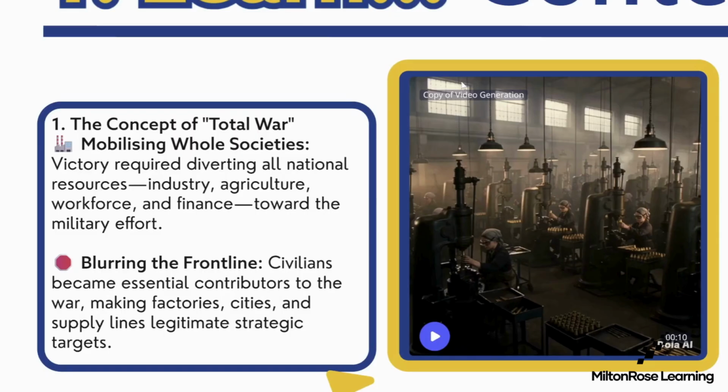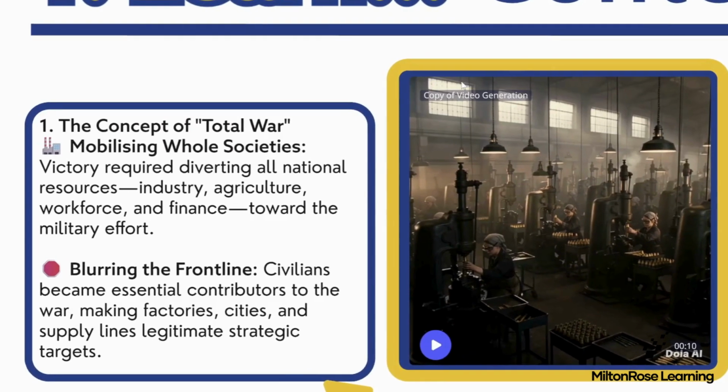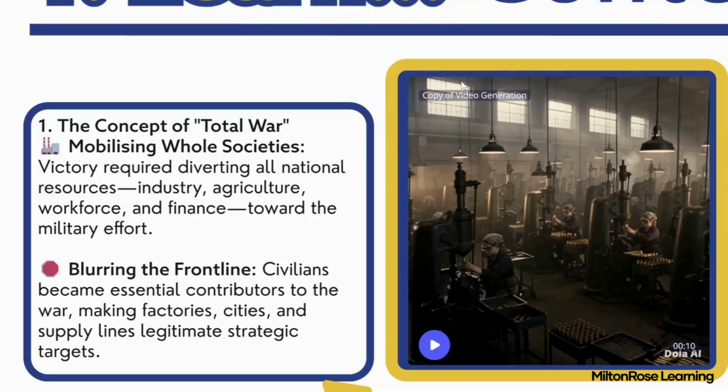This was very, very intense. We're going to need to mobilize whole societies and whole countries here, which had never been done before. So victory required diverting all national resources, your industry, agriculture, workforce, finance, everything you've got, towards the military effort. And that concept is called total war. So everything was being pushed towards winning World War I.